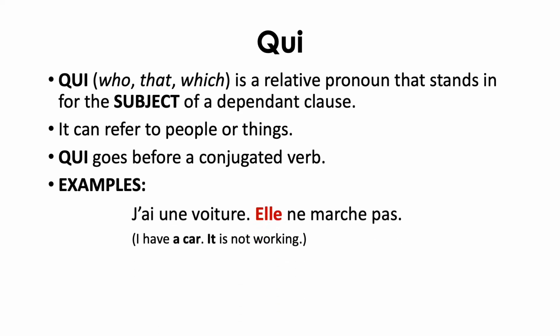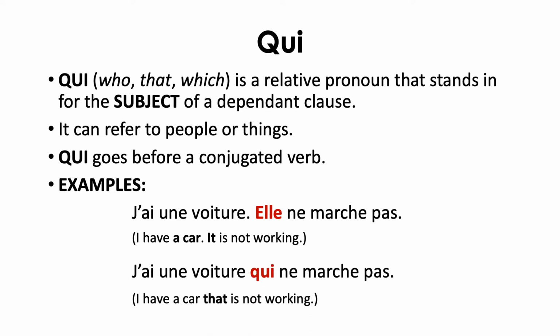Now, let's explore this example. We're going to make these two sentences into one by linking them using the relative pronoun qui. J'ai une voiture, elle ne marche pas. I have a car, it is not working. So in English, we would say, I have a car that is not working.